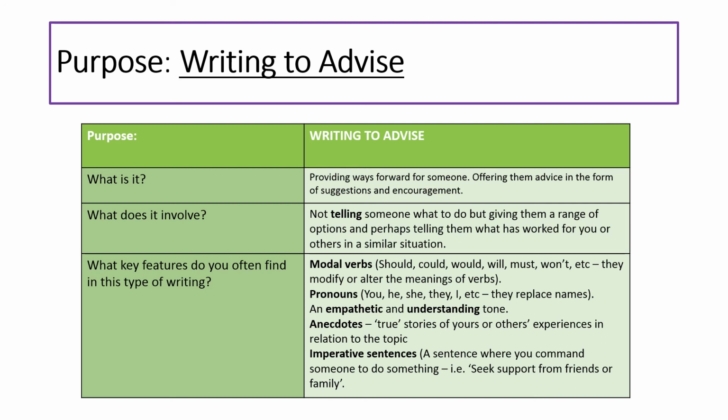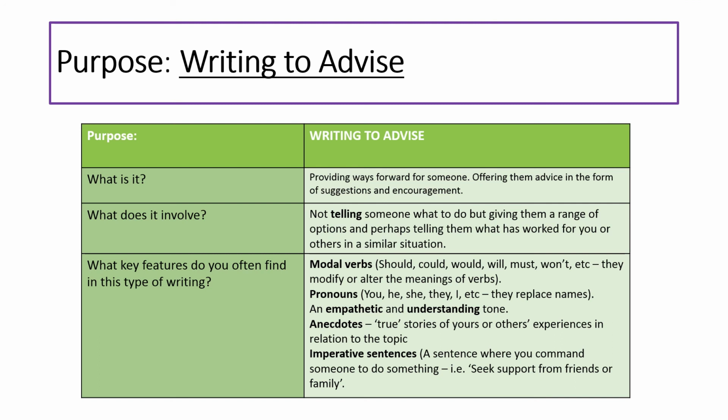So if it was a piece of advice writing about bullying, you might make up and include an anecdote about yourself or a friend of yours who had been the victim of bullying and what they had done to get themselves help and support. And imperative sentences.